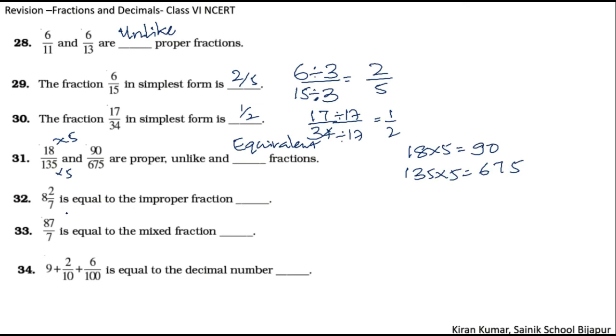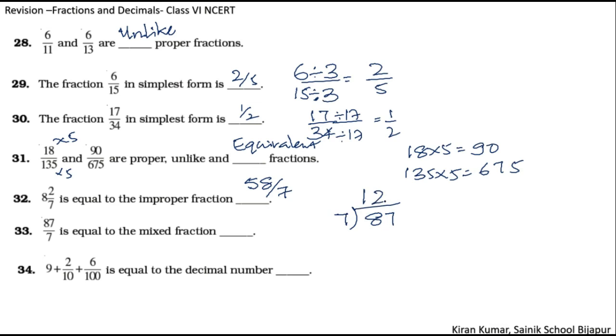32nd, 8 2 by 7 is equal to the improper fraction. 8 sevens are 56 plus 2 is 58 upon 7. 87 by 7 is equal to the mixed fraction, so I need to divide this 87.